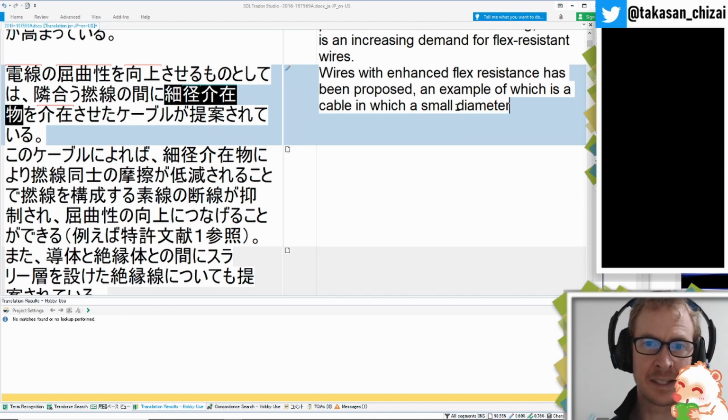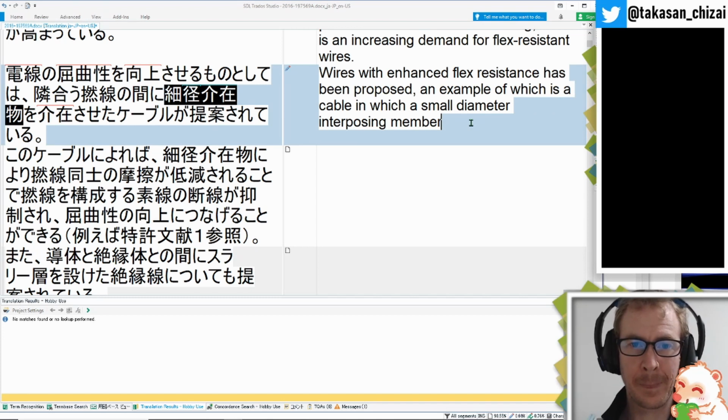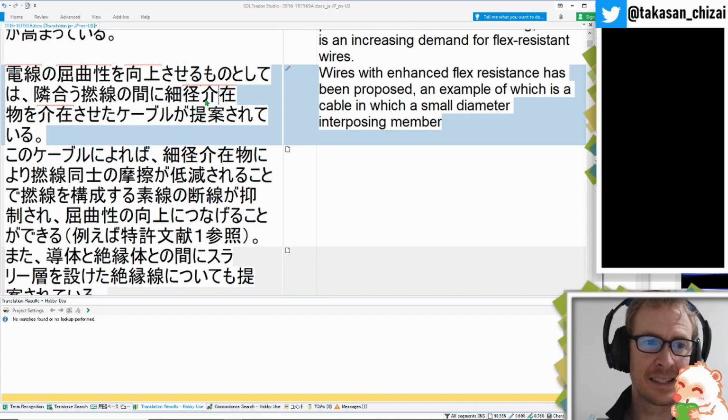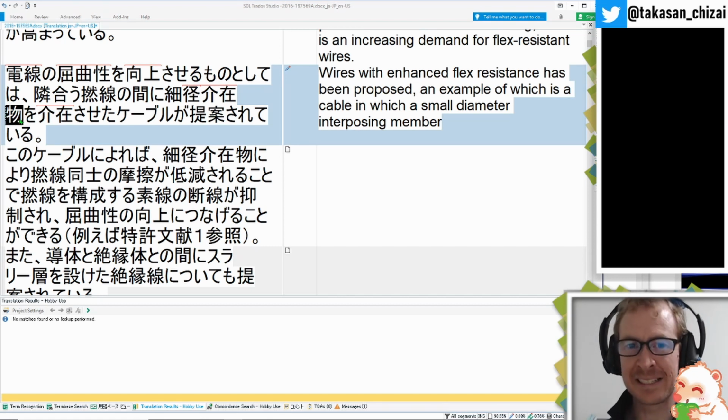Small diameter interposing member. So I literally just translated out each kanji there. For this, for mono, member is my default go-to.